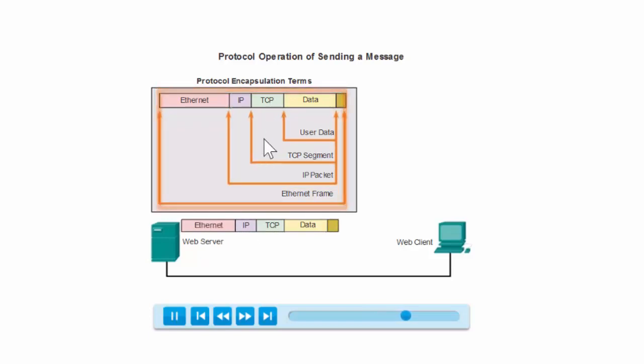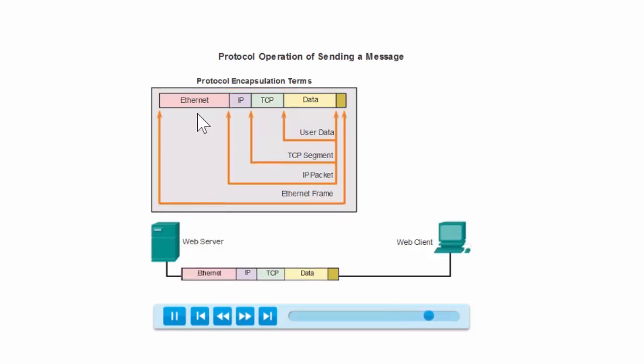So TCP is in the transport layer, IP is in the network layer, and then Ethernet is in the network access layer. After that, it goes through the physical layer as a stream of bits, and these bits will travel through the medium to the web client. And that's the concept of encapsulation.